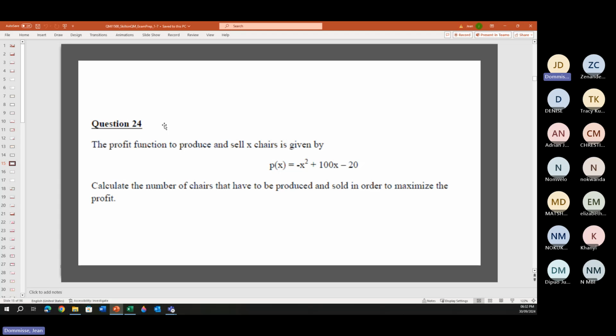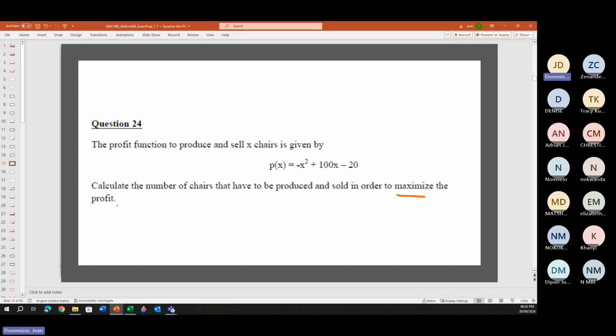Okay, so more on that application of differentiation. Again, study unit 6. The profit function to produce and sell x shares is given by this function. Calculate the number of shares that have to be produced and sold in order to maximize the profit.